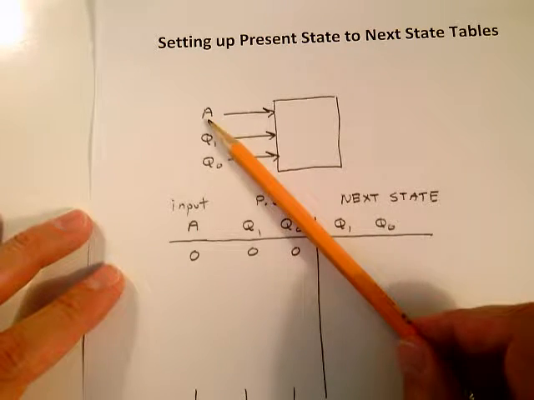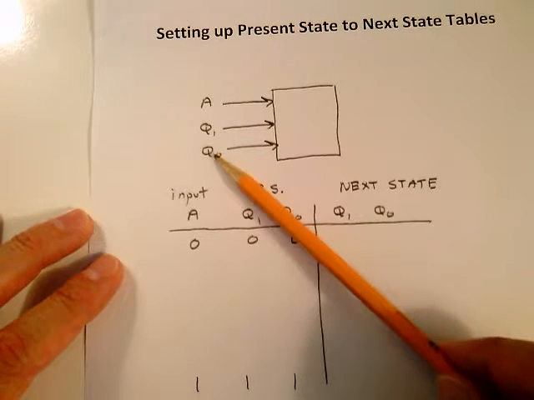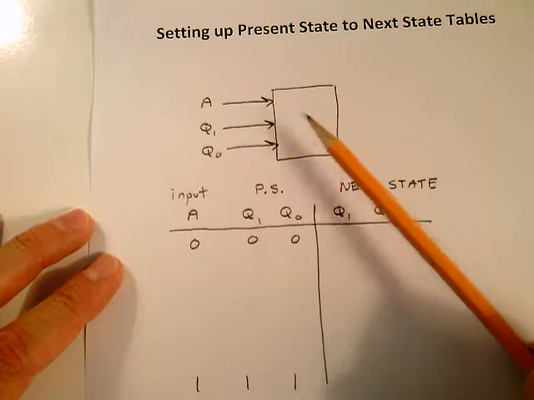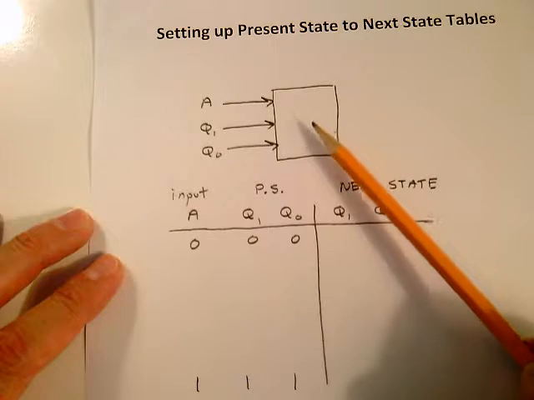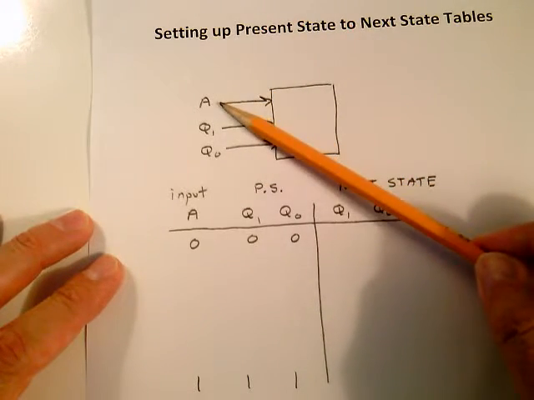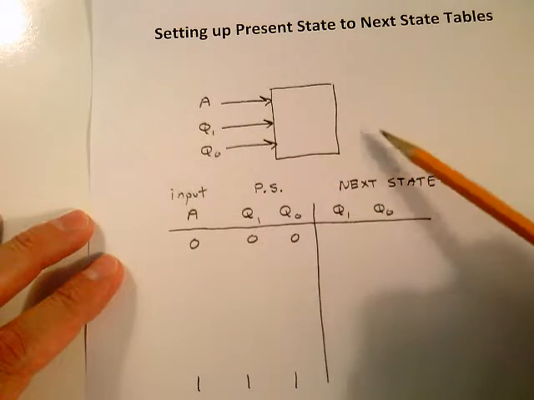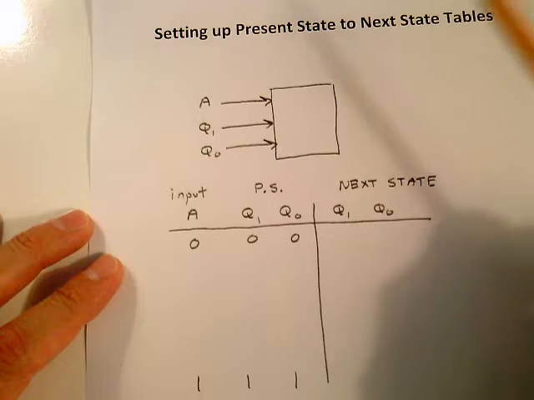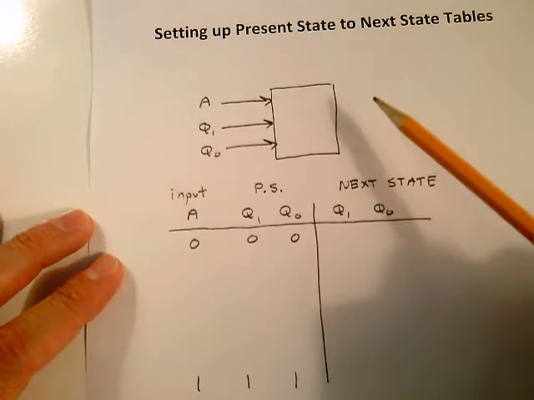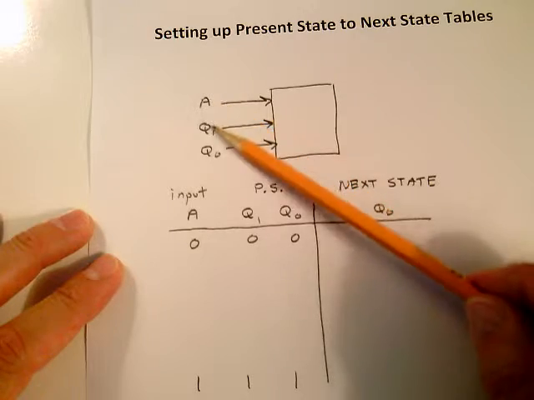Right now it's A. Here we have A, and then we have two flip-flops. Why do we have two flip-flops? Because we needed a potential of 4 different states, and you're not going to get 4 states without two flip-flops. So here we have one external input, and we have feedback telling us where we were in the state transition diagram as we moved around through those states. Notice that's a total of 3 inputs.